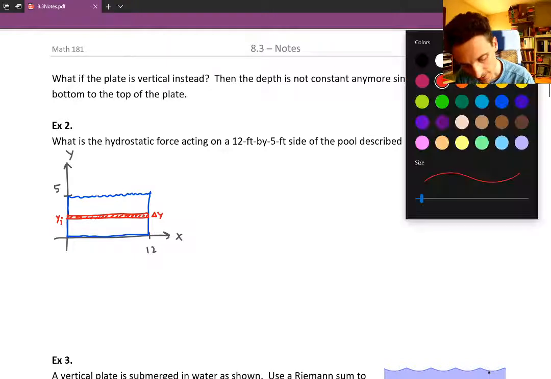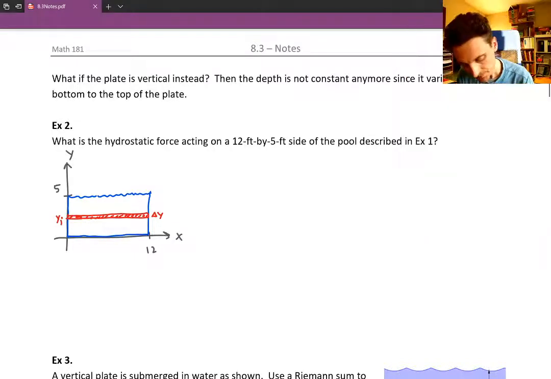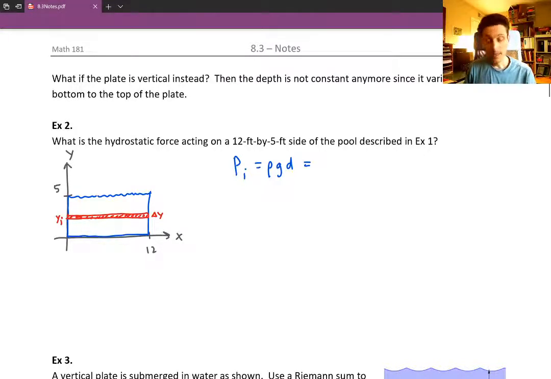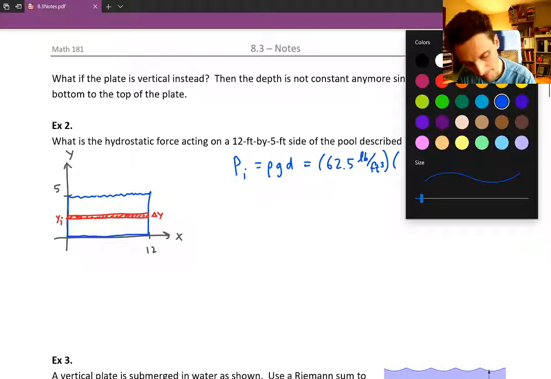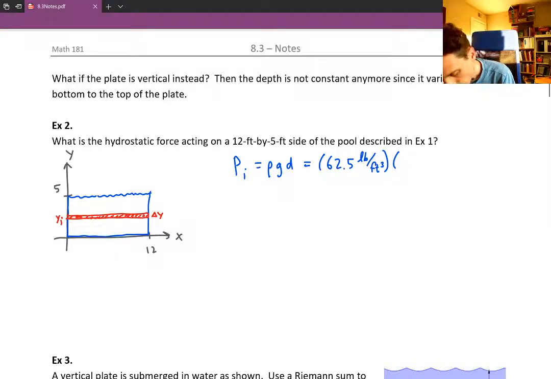Now first we're going to figure out the pressure that's acting on the strip by calculating rho g d. We're in feet, so we're in the British units, so rho g is going to be 62.5 pounds per cubic foot. And now we have to figure out the depth of that strip. Well, the depth is the vertical distance from the top of the water down to where the strip is.